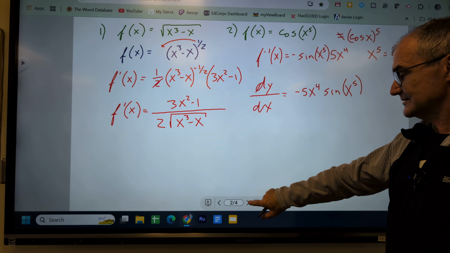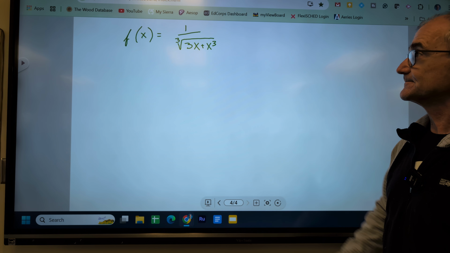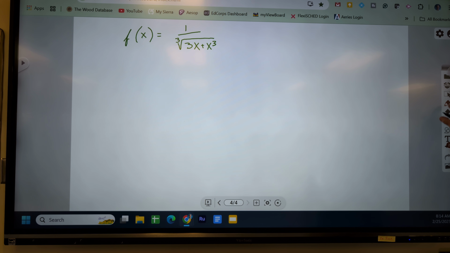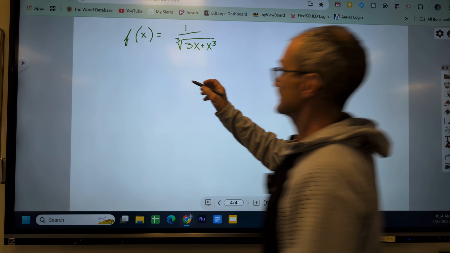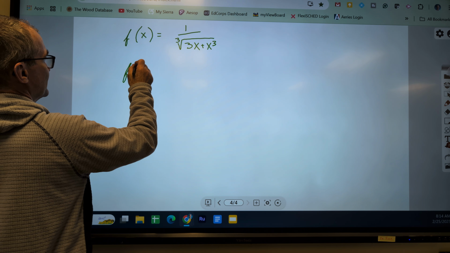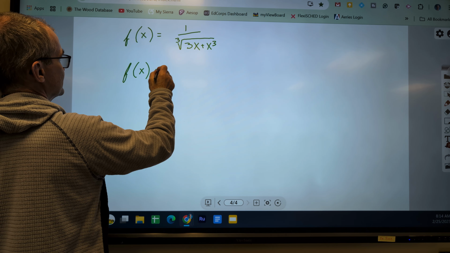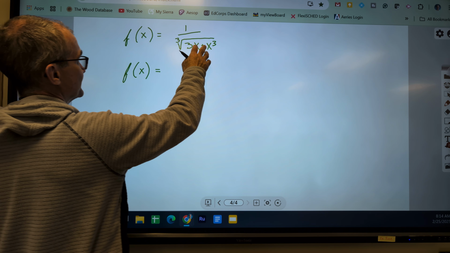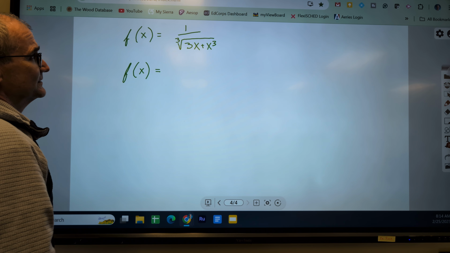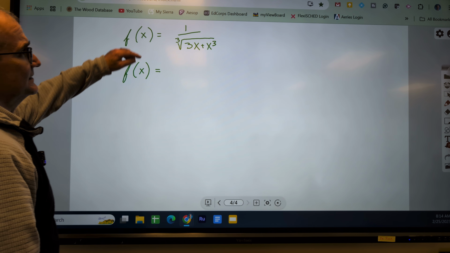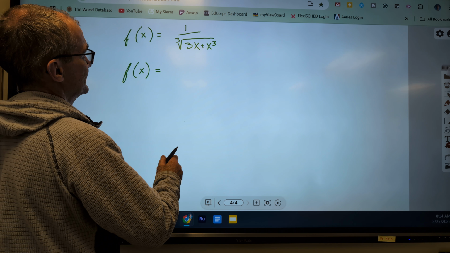So working on the chain rule, let's look at one more here. On this one, I'm going to rewrite it again with exponents in a single term. So I'm rewriting my function, f of x, equal to, I want this whole thing to be in the numerator, and I also want it in a fractional exponent.